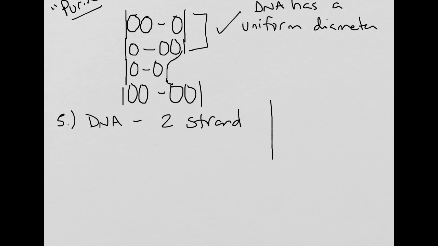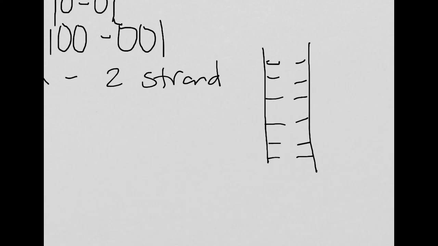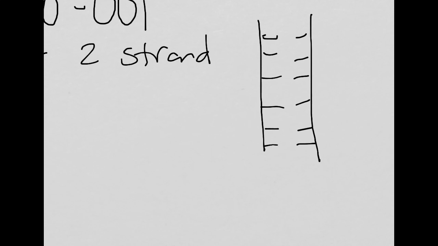As I draw it like a ladder often, it'll look like that. Each side is a DNA strand, and the bases are here in the middle. That's where you find the bases.